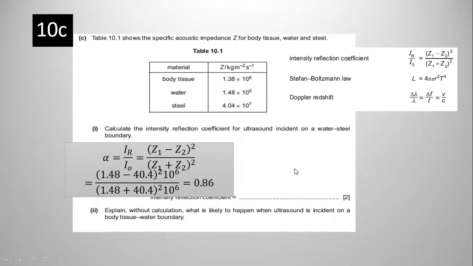Explain without calculation what is likely to happen when ultrasound is incident on the body and water boundary. What would be your answer?